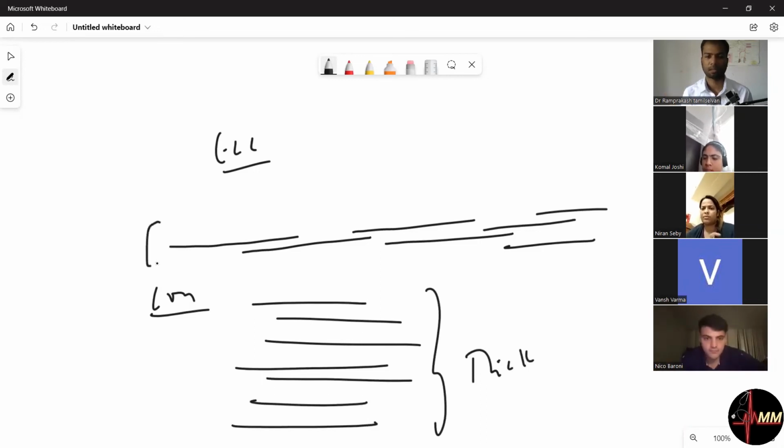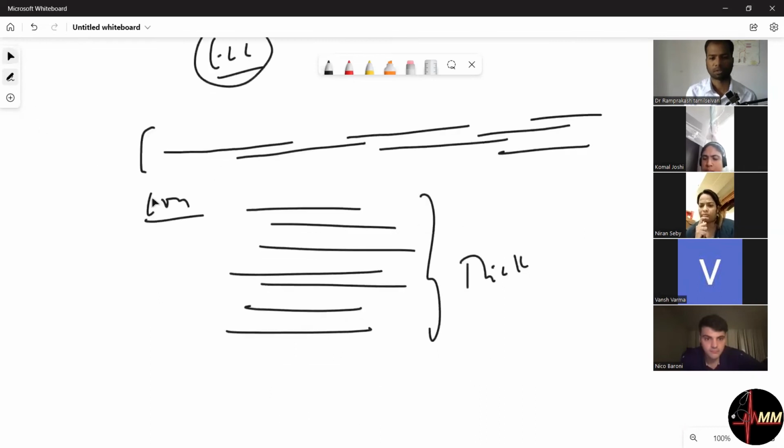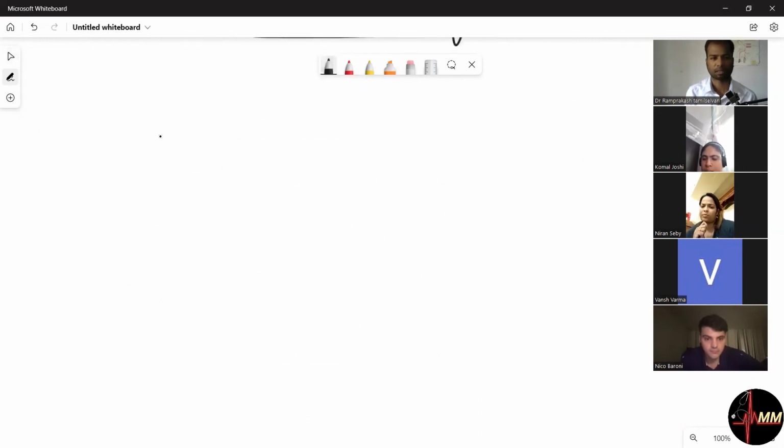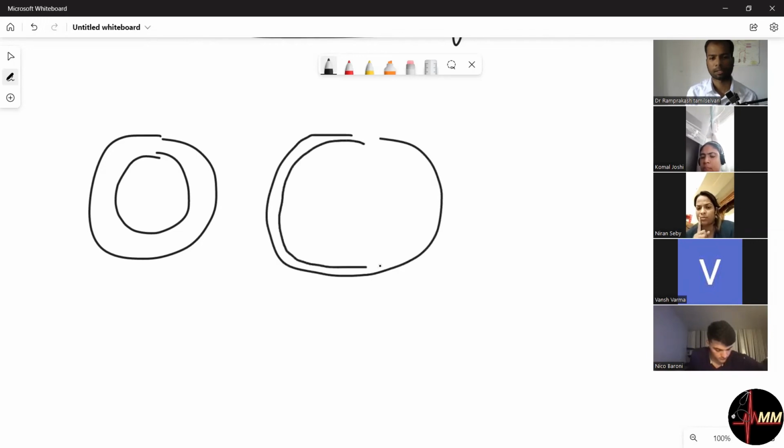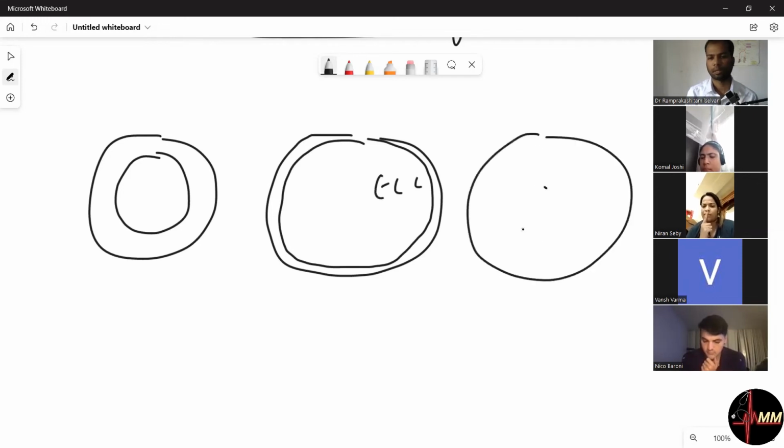This results in, I mean, the chamber size is going to increase in eccentric. The chamber size is going to decrease in concentric. For example, if this is normal, eccentric will be like this. Sarcomeres add in series, this is eccentric, and the concentric will be like this.